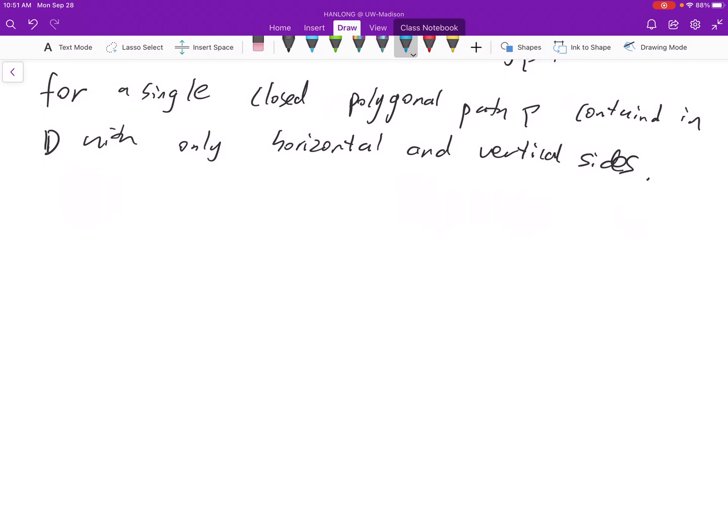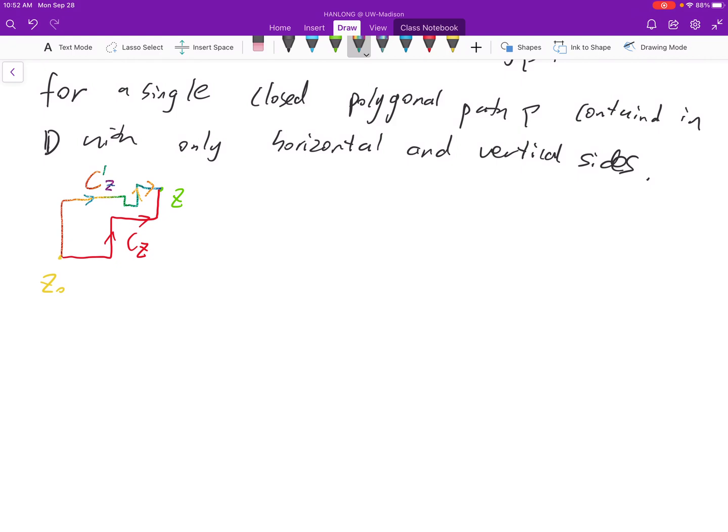Why is this true? Because let's fix z0, and for any point z, if you want to define the value of capital F(z), then you need to draw a polygonal path. But different people might draw different paths. For example, someone would like to draw this path. So C_z prime, this is C_z. Then you need to show this is well defined.